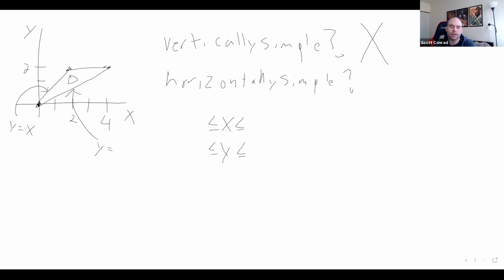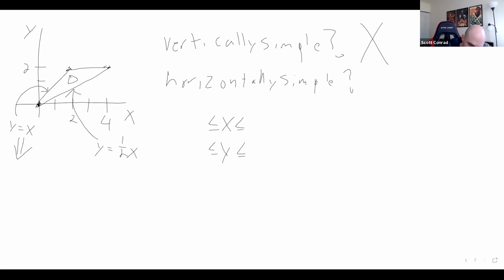The right curve, it's the line from 0, 0 to 4, 2. So the y-intercept is 0. What's the slope? So we go up 2 over 4. The slope is going to be what? 1/2, right? So this is y equals 1/2 x, the right curve.